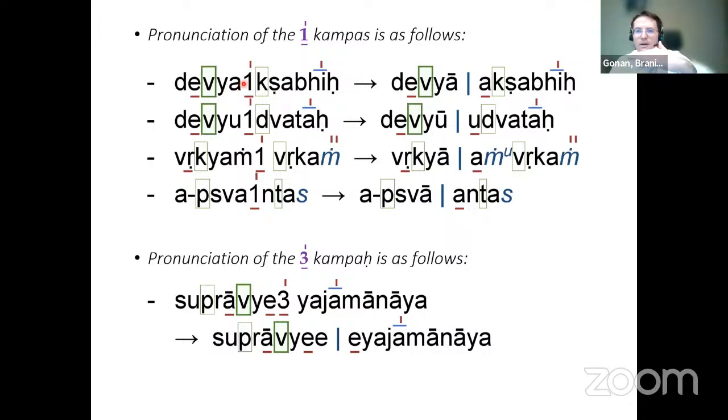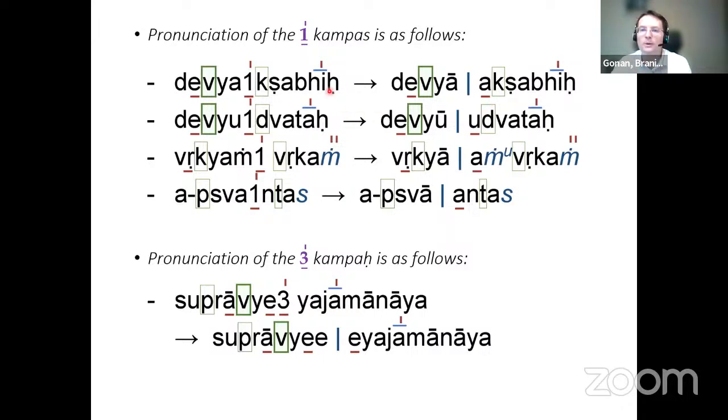So devya, like here, right? Devya. And of course, it became elongated. This syllable here became elongated. Devya. And then the second one, akshabhihi. This syllable should be chanted as a lower note.